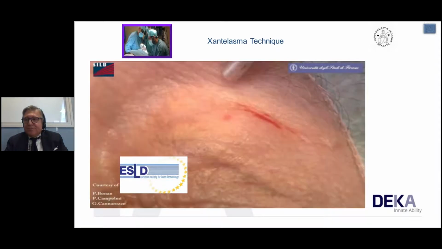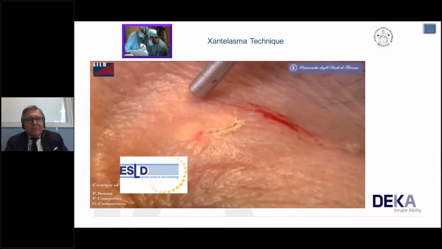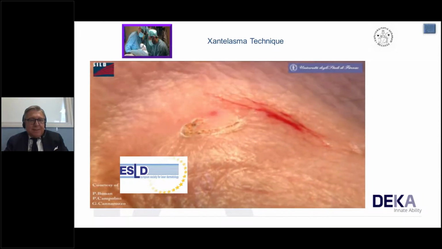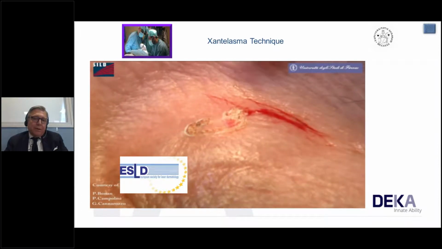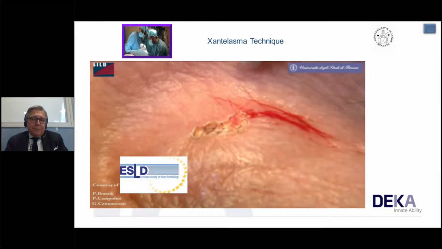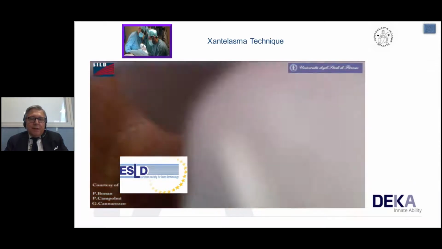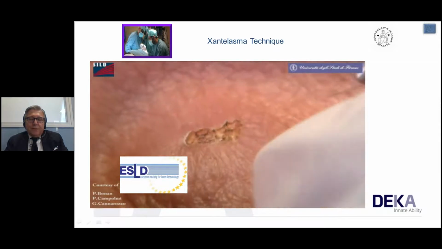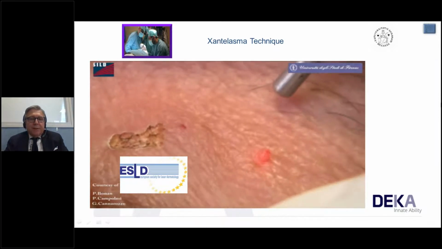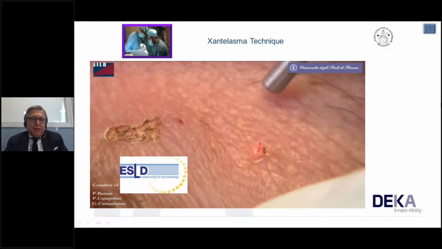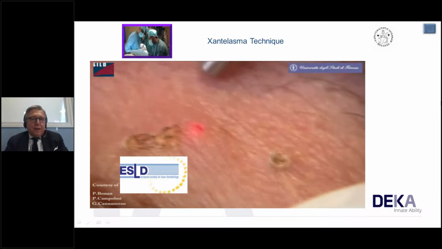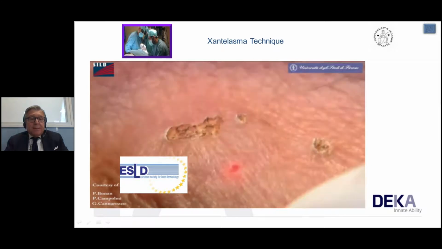And you see the vaporization of the xanthelasmas, starting from the peripheral part and then going into the center. You can even coagulate the vessel in the hole where we enter with the intralesional anesthesia. And then we can carry on with the vaporization of the xanthelasmas.